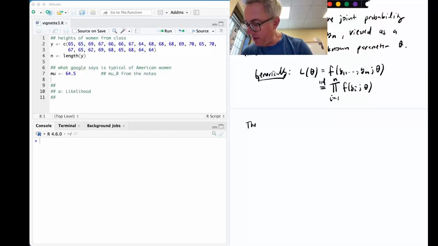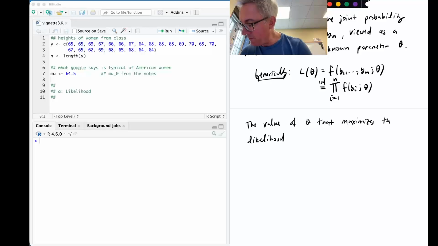The value of theta that maximizes the likelihood, in math, we might write that as arg max, which is a fancy way of saying the argument theta that maximizes the likelihood, is notated as theta hat. This is the value that maximizes the likelihood.